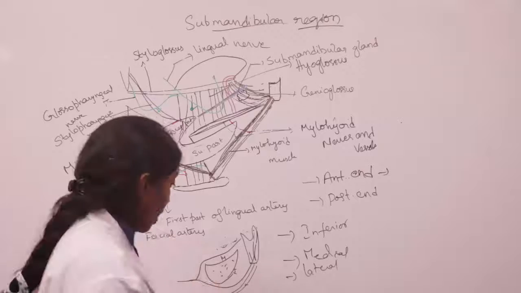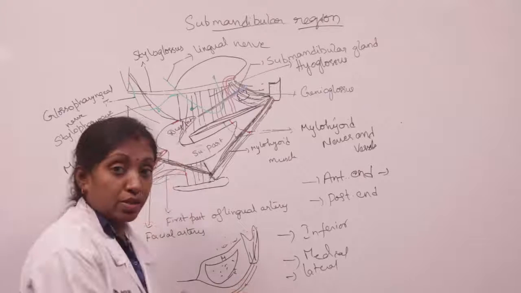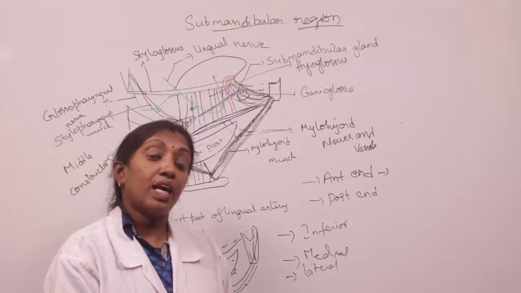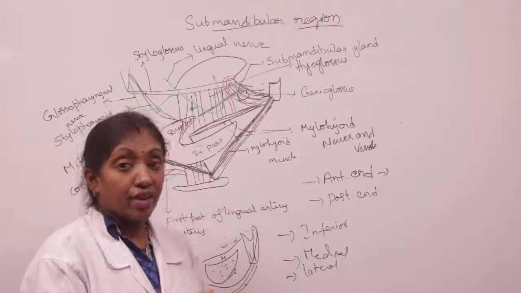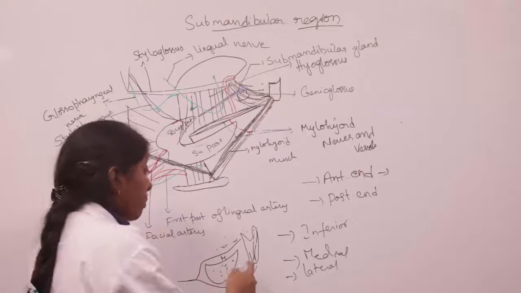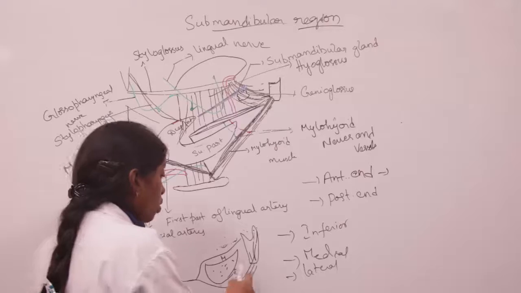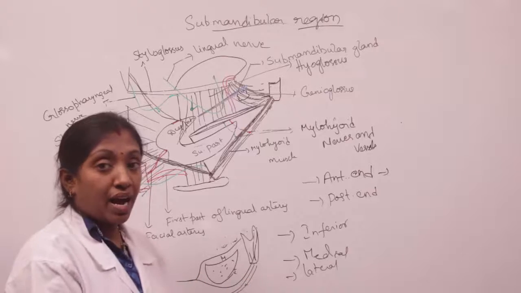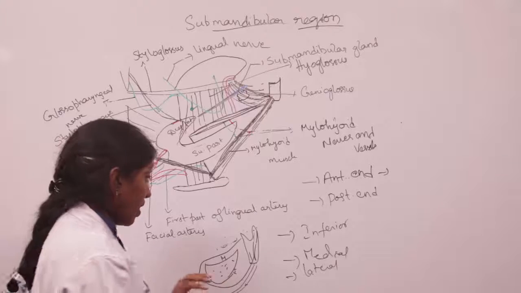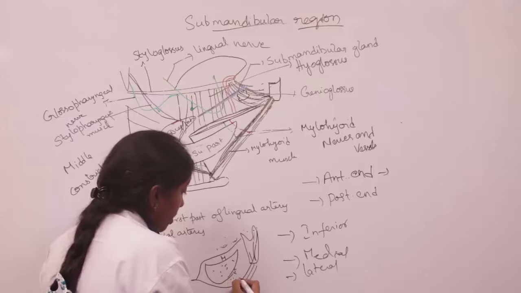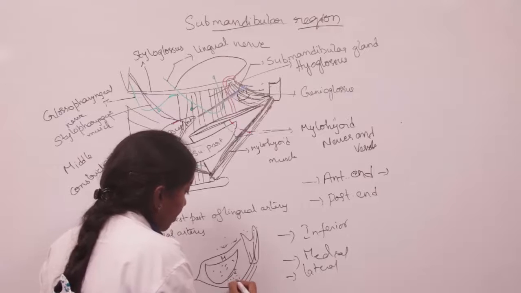Superficial to the platysma, we have the common facial vein and the cervical branch of the facial artery present in the inferior surface. And deep to the deep cervical fascia we have the submandibular group of lymph nodes.